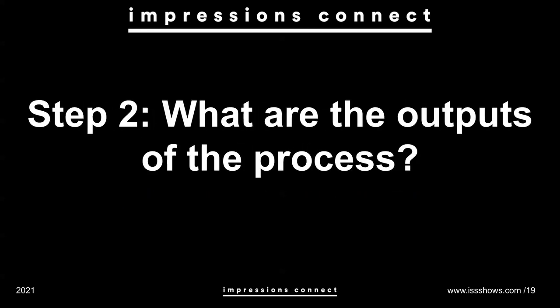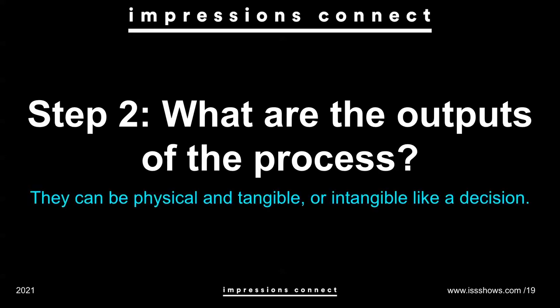Step 2 is, what are the outputs of the process? Right? So what is an output? An output can be physical and tangible, like a set of separations, or it could be intangible, like a decision. For example, using your lead generation process, is this going to be a good customer for us or not?